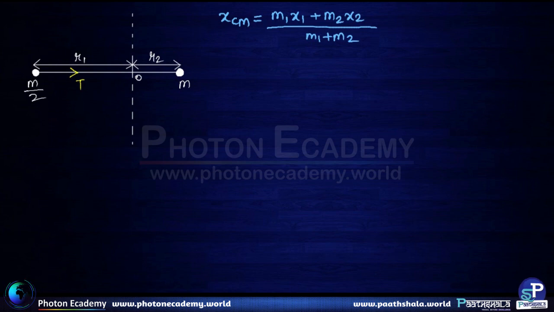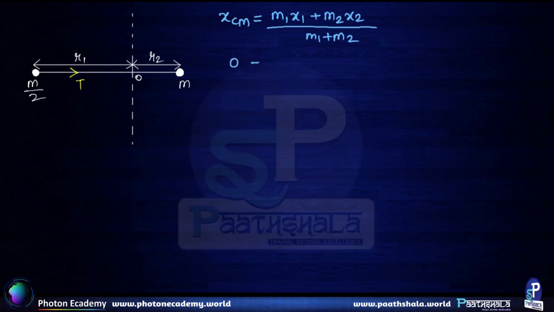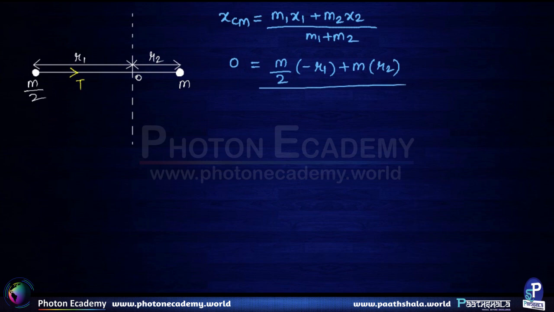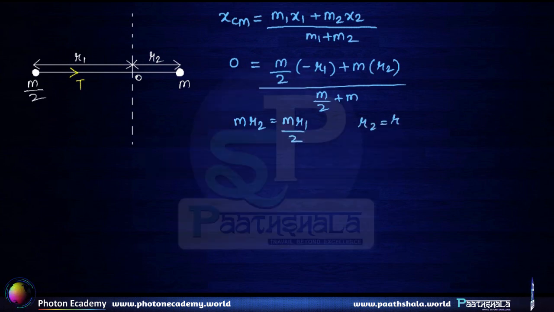This position is assumed to be 0, and putting the values we get m by 2 into minus r1 plus m into r2 divided by m by 2 plus m. This gives m r2 equals m r1 by 2, so r2 equals r1 by 2.